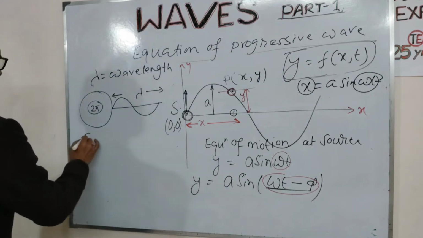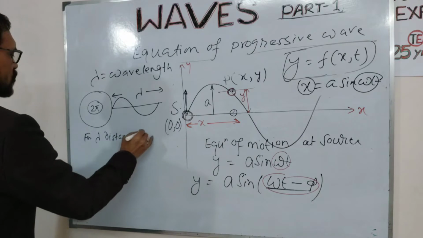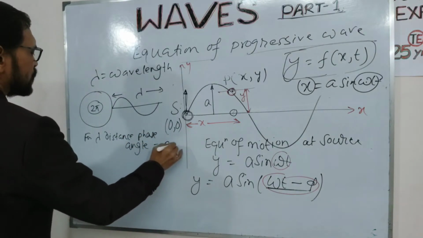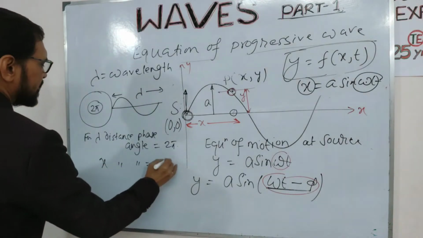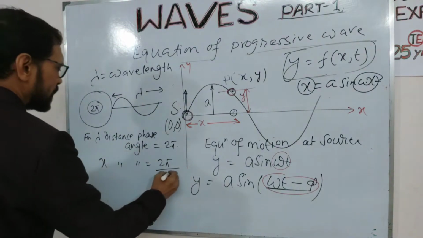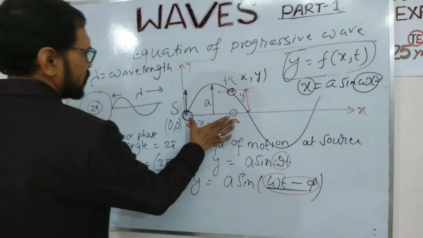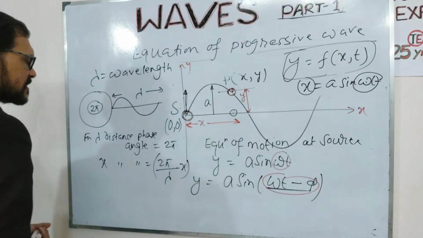So for lambda distance, the phase angle produced is 2 pi, and for x distance, by the unitary method, the phase angle is 2 pi by lambda into x. So for the distance x, what is the phase difference?